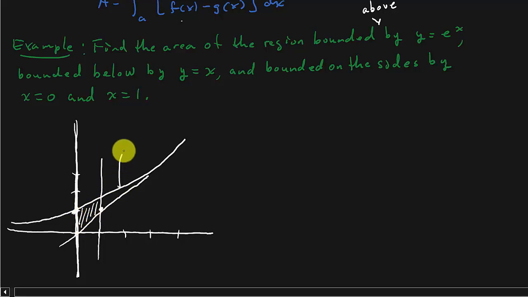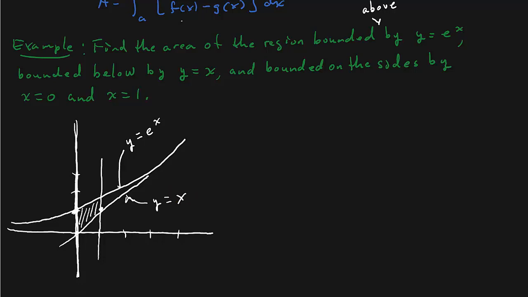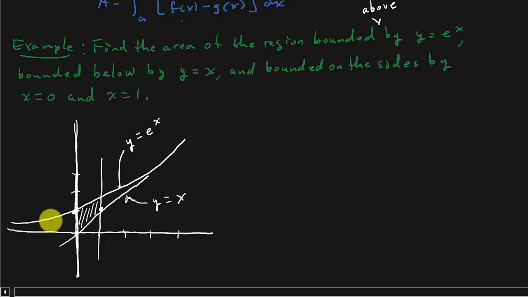Keep in mind, this is y equals e to the x, and this is y equals x. You can see here that the graph y equals e to the x is above the graph y equals x.